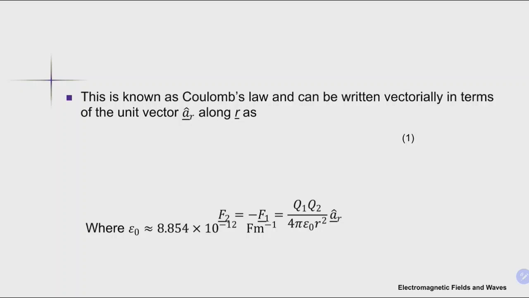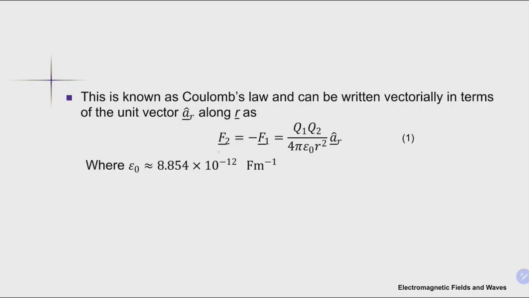Okay, so putting back that into our equations, we can write down Coulomb's law as a vector. F2 is equal to minus F1 because now we define it as a vector.